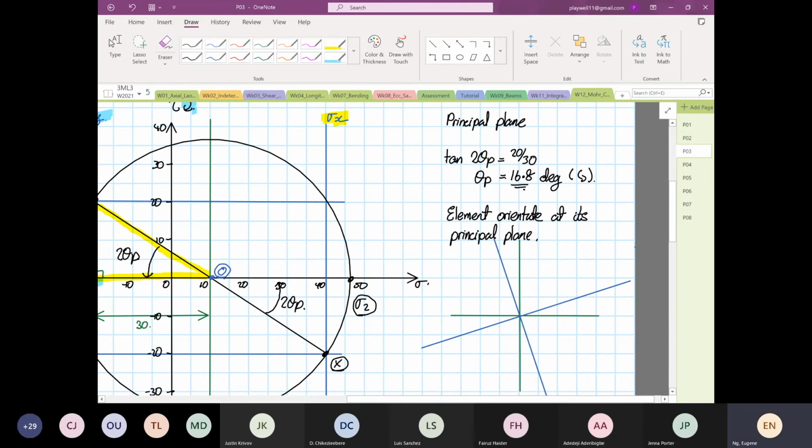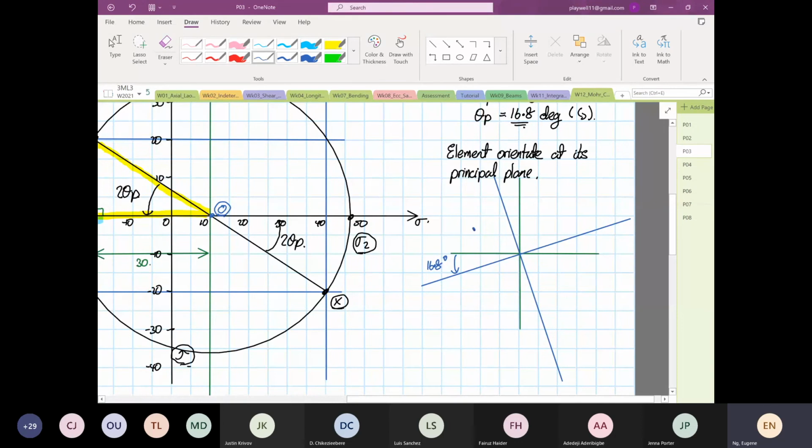Okay, so this is rotated anti-clockwise 16.8 degrees. And then we draw our element. We sketch our element. So that is 16.8.